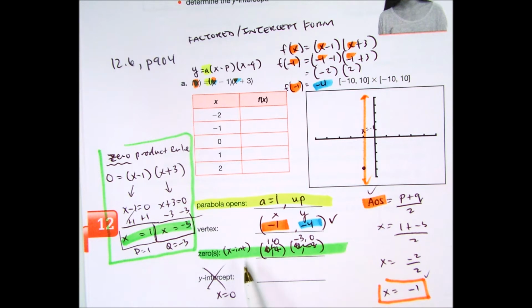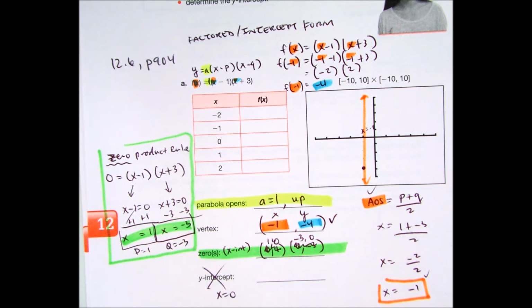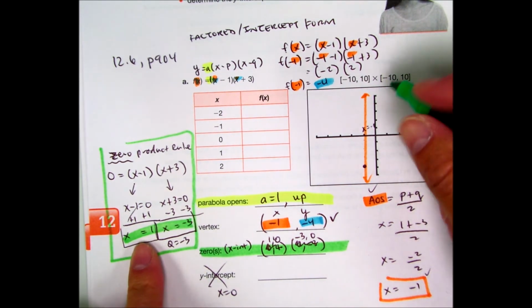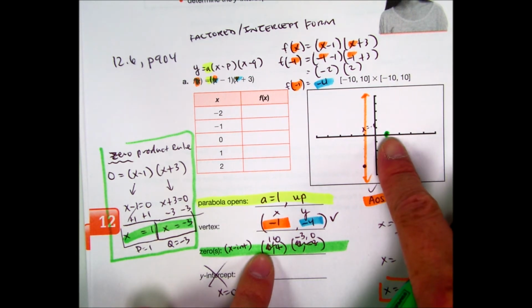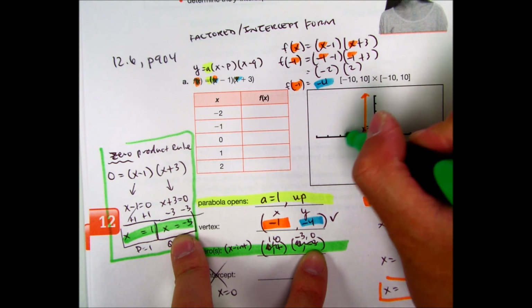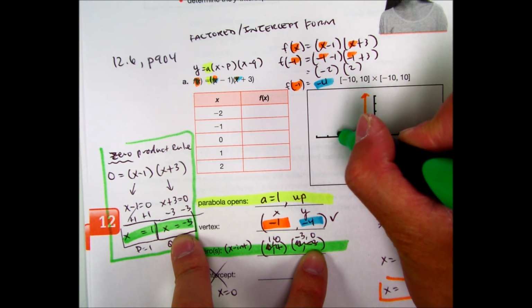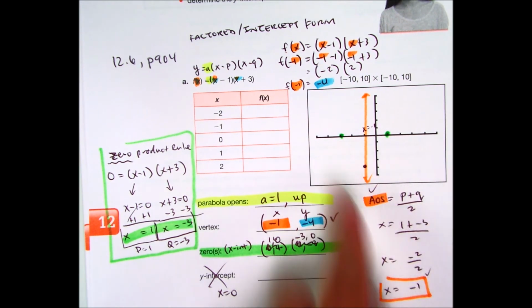I'm now going to graph the points x equals 1 and x equals -3. So you can put x equals 1. This is the same ordered pair as 1, 0, and x equals -3. These are my zeros, or my x-intercepts.